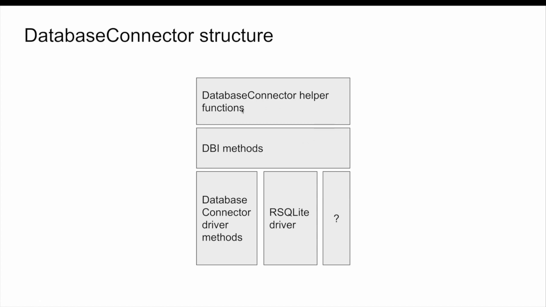One is the helper functions, which are going to use the DBI methods. Then we have the backend driver methods, which are essentially the implementations of the DBI methods. And then when we're using something like RSQLite, we can just use that package directly.